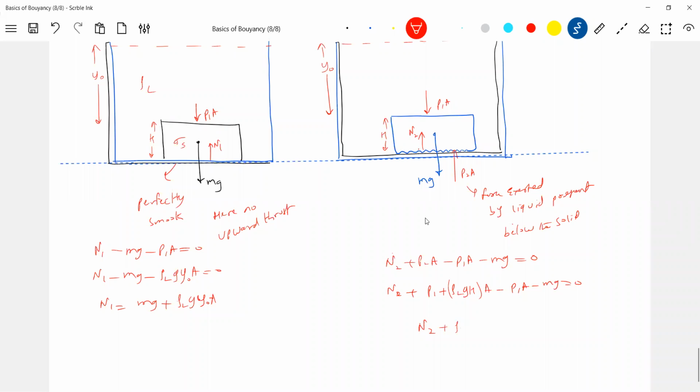So N2 plus rho L A H G minus mg equals 0. Now what is rho L A H G? Buoyant force.